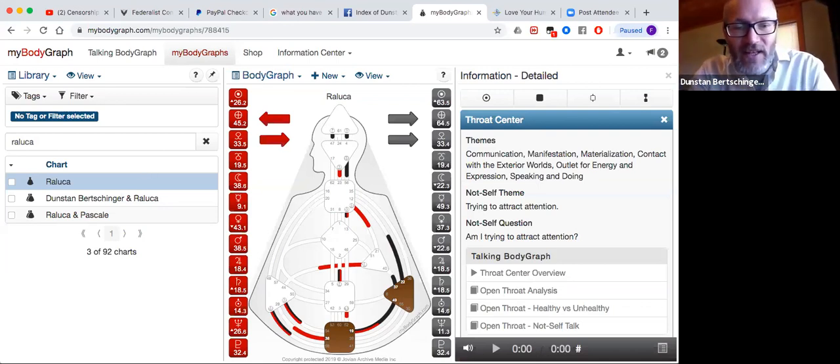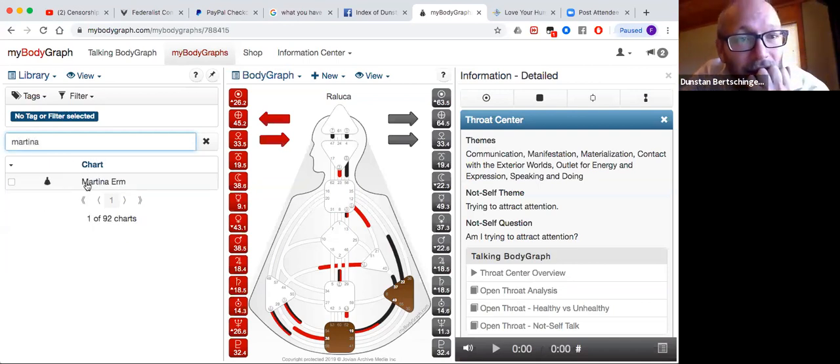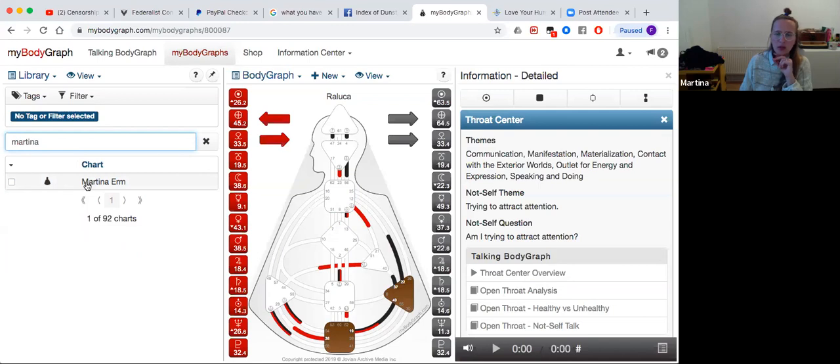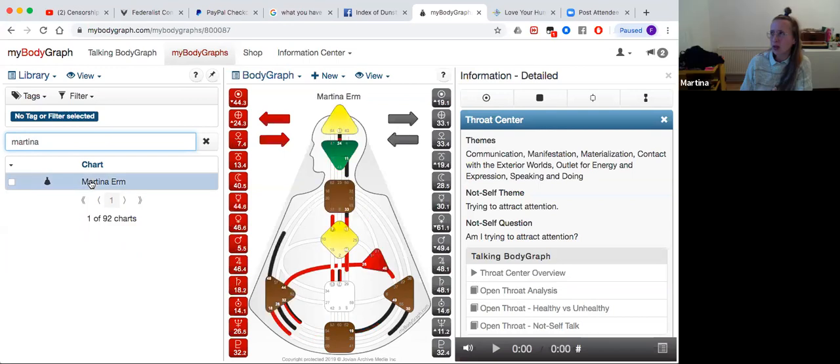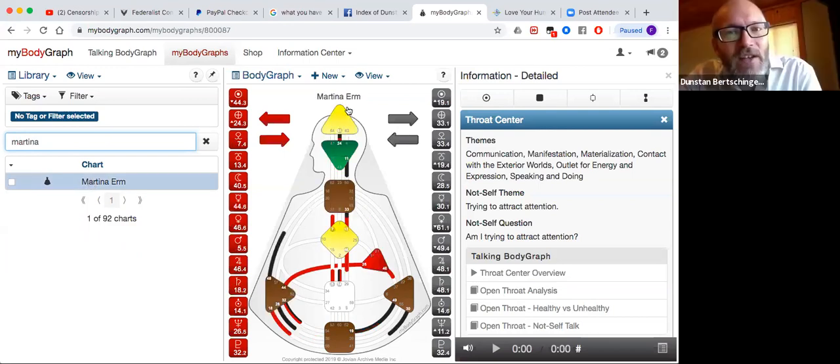So that's an interesting thing there. So is it like the incarnation cross can move freely? Right.